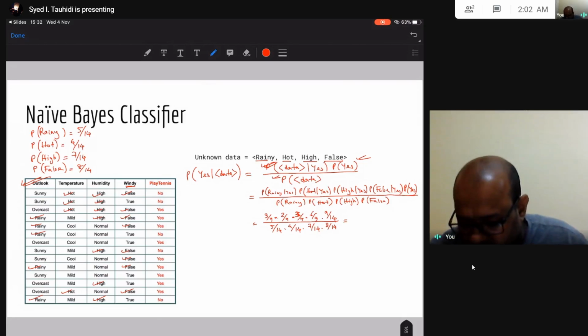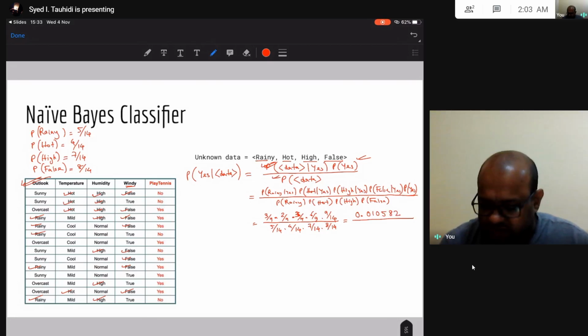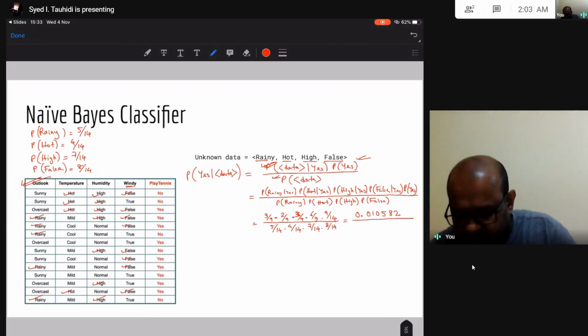Alright, so my numerator is going to be 0.010582. I had already calculated this beforehand, so I'm not going to calculate that. I have to calculate the denominator, so please bear with me.